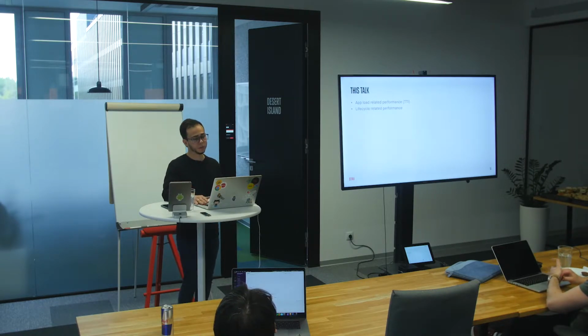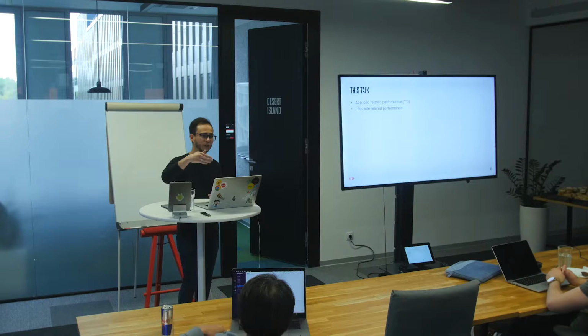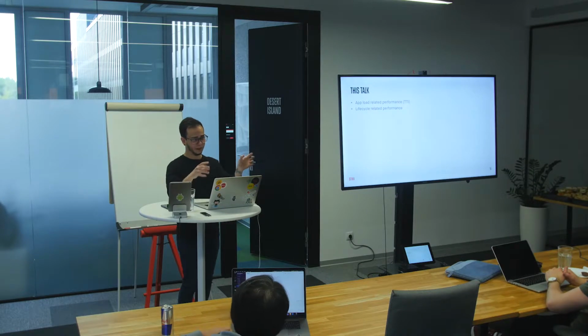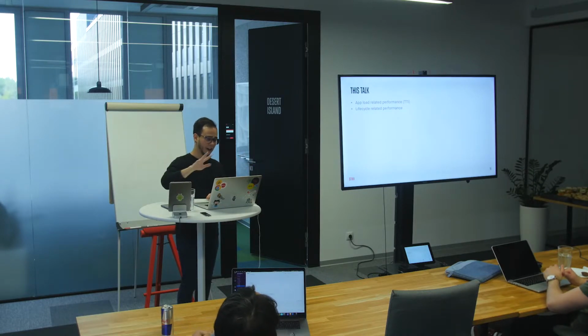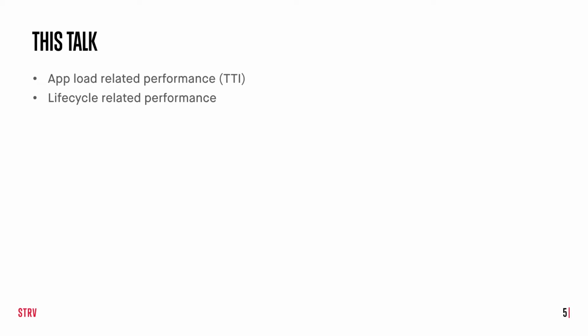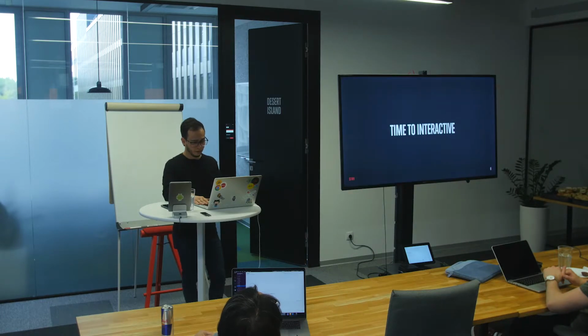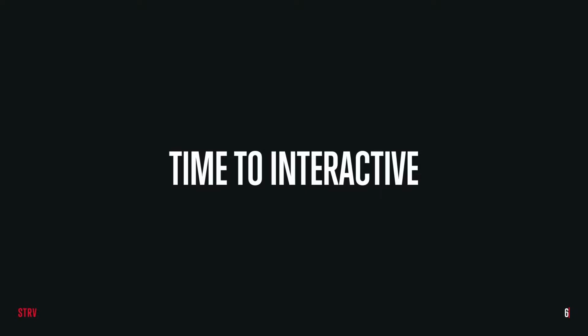And the other part will be the life cycle of your app. So this means when you're using the app for a long time after the time to interactive. So the beginning and just the rest. And there are two different types of optimizations that you could do based on which one is your goal. So let's talk first about time to interactive, or TTI.